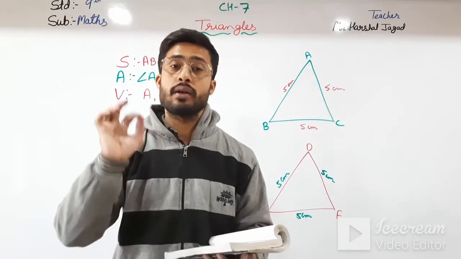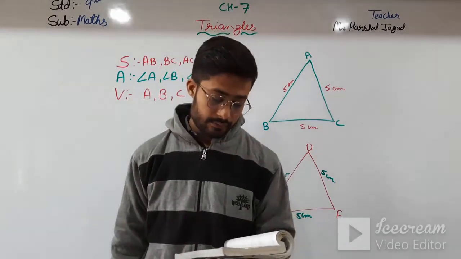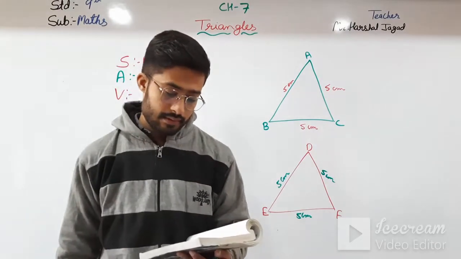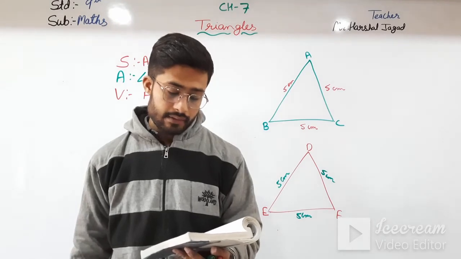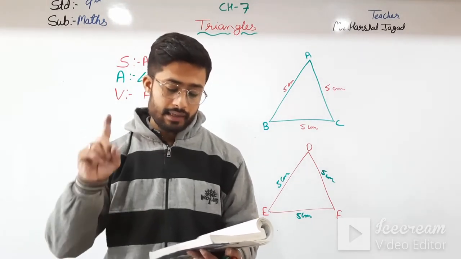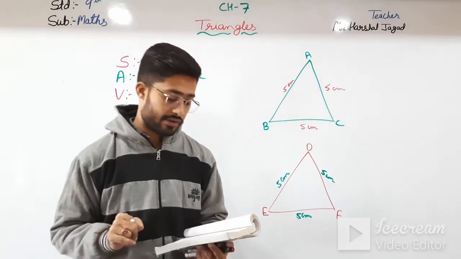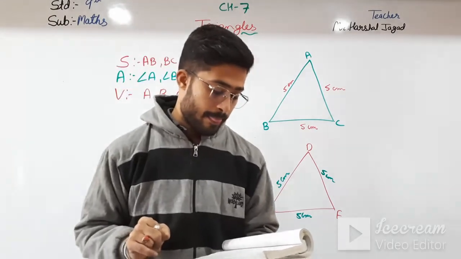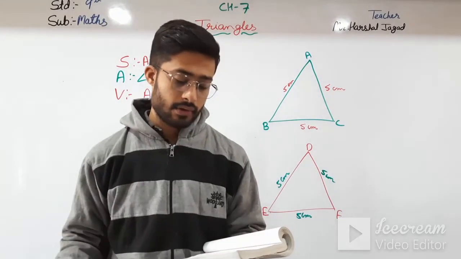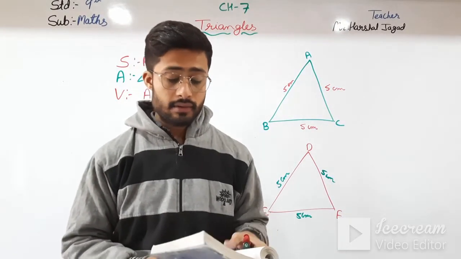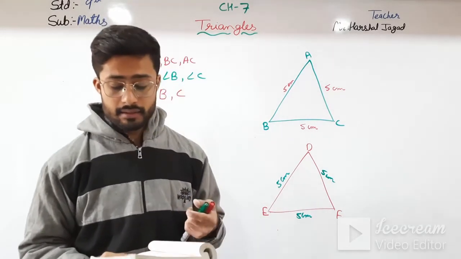And the other one, triangle FDE, is also I think congruent because the size is the same. I think figure number 4 is not congruent and figure number 5 is also not congruent. But I think figure number 3 is also not congruent because the size is the same, but the angles are different.